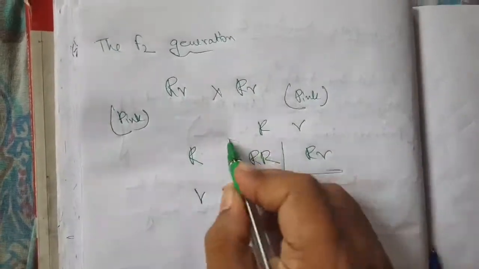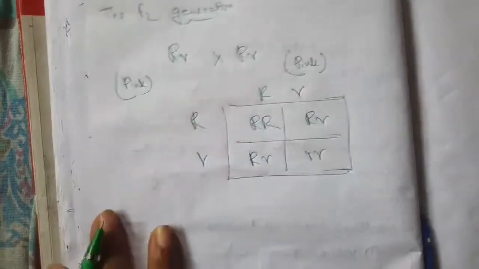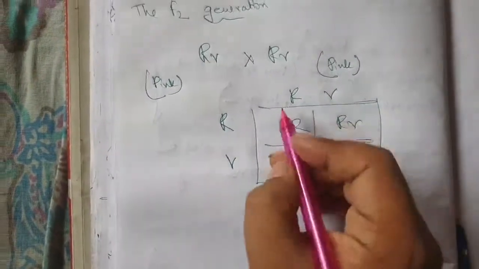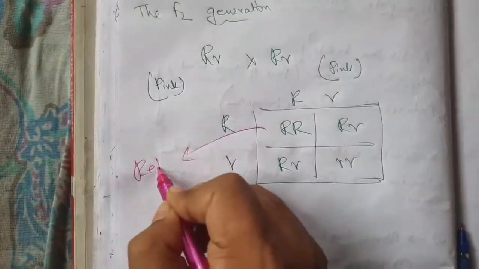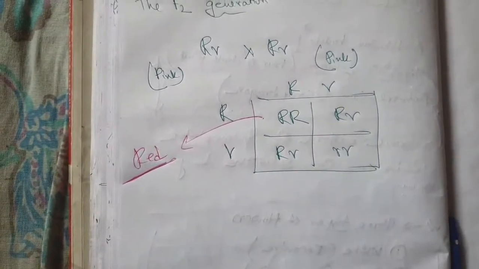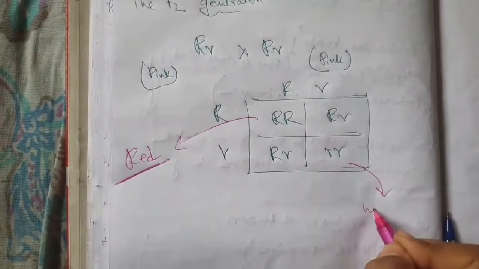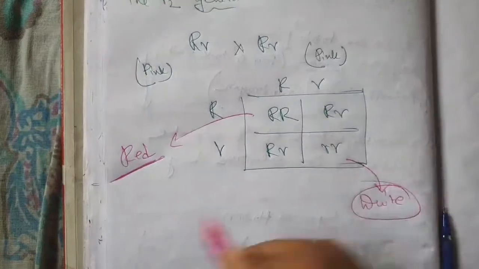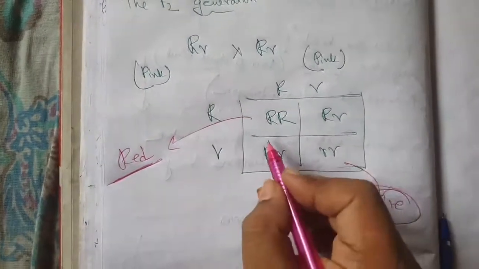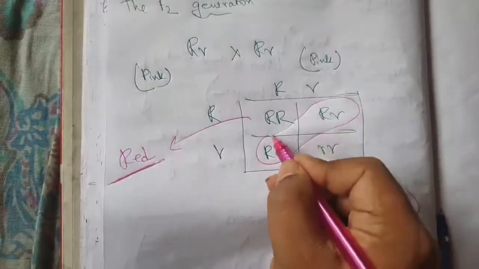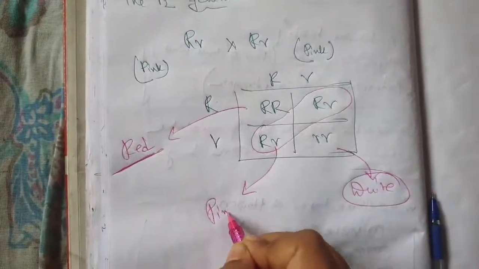Here in the F2 generation, you obtain a red flowered plant, a white flowered plant, and pink flowered plants.